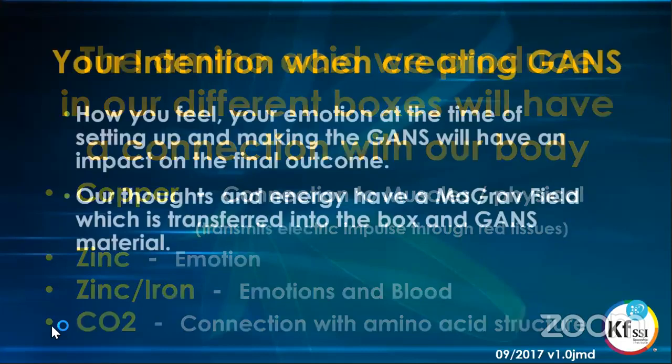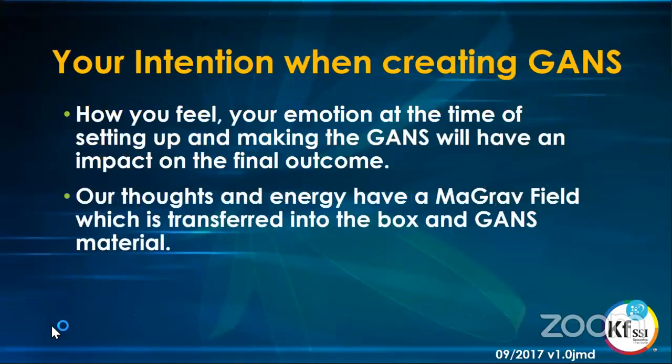And as before, in anything that we do, whether we're nanocoating or making gases or making plasma devices, it all comes down to our intention when we're making them. How you feel, what your emotions are at the time that you're setting up and making the gases will all have an impact on the outcome that you are wanting, because our thoughts and our energies have the maggrav field, and these are transferred directly into the box and gases that we make.